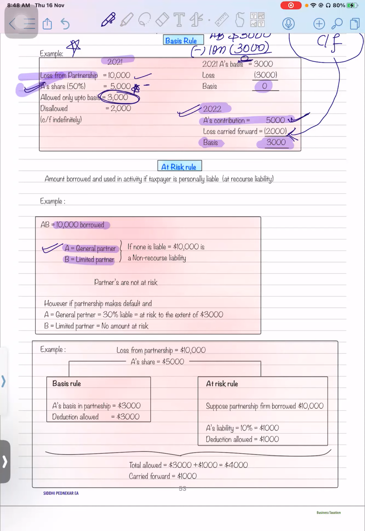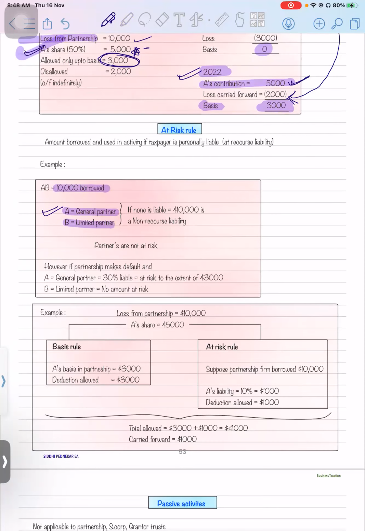Okay, but to the extent of his partnership share. Let's say his partnership share is 30% and B is having a share of 70%. So this 10,000 multiplied by his partnership share of 30%, so he is at risk for $3,000.